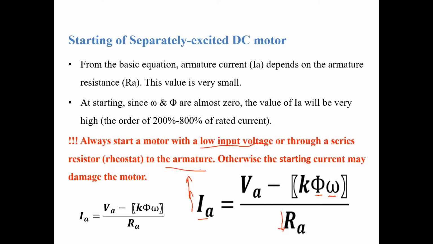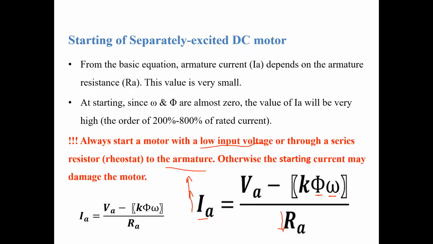So it's very serious. At starting, we have to start with a very low voltage. Say if the rated voltage is 200 volt, we can start with 20 volt, slowly increase to 50 volt, and slowly increase to 100.